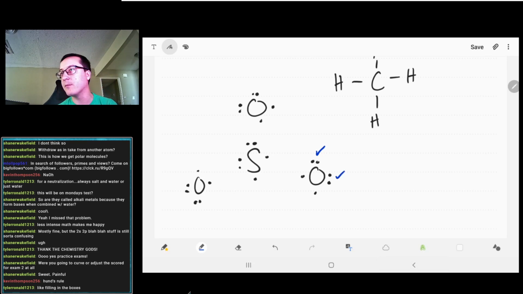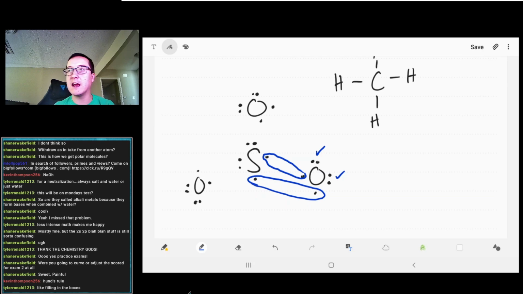Those ones are happy. However, we have 2 unpaired electrons. And we're going to see that those are therefore going to bond with sulfur. And we're going to go ahead and bond the other one as well. So now our oxygen will have everything paired off.